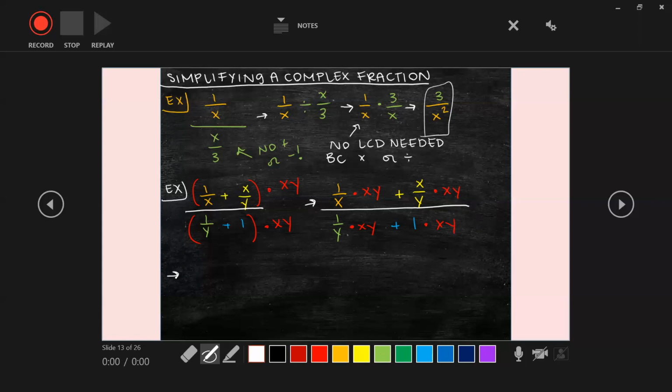And the simplified version of this is going to be xy over x plus x times xy over y, I'm going to have xy over y, and it looks like I'm going to be adding 1 times xy.